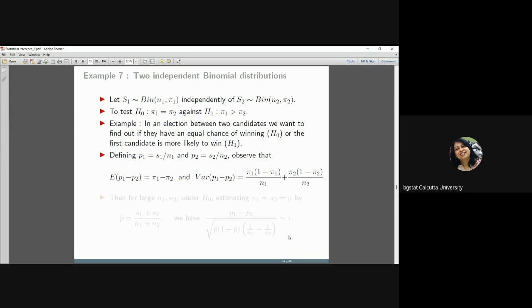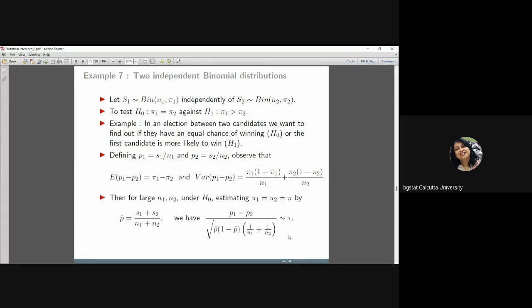S2, the total number of votes cast for the second candidate. P1 and P2 are the corresponding proportions. We are interested in testing if the underlying population probabilities pi 1 and pi 2 are the same, or if the first candidate has a larger probability, pi 1 larger than pi 2.